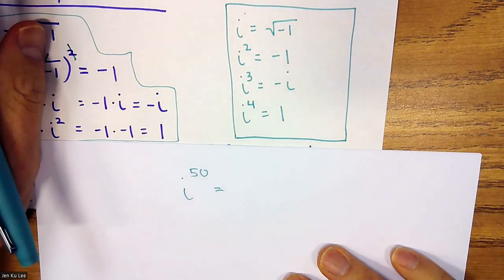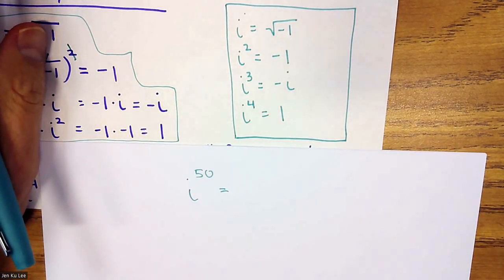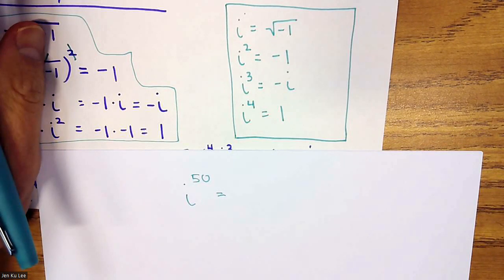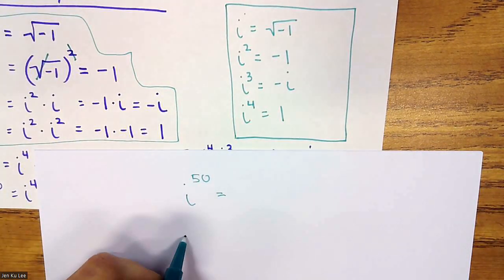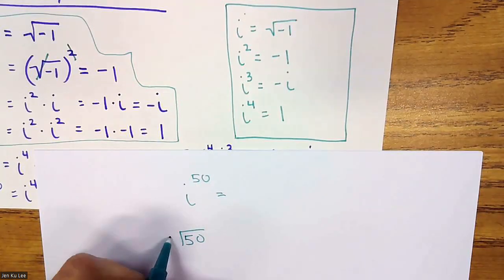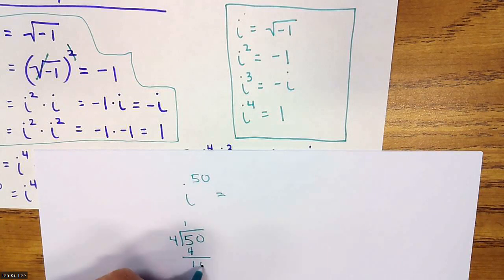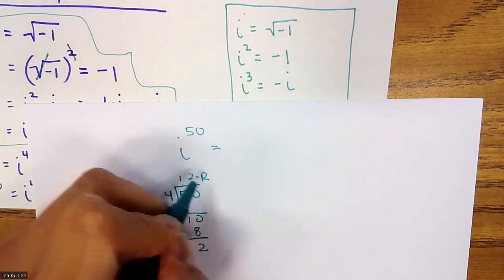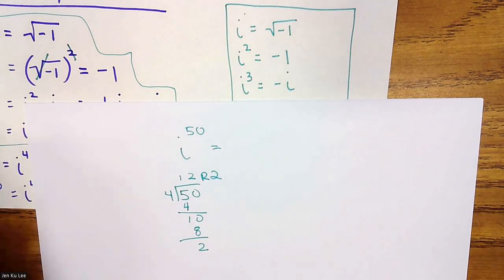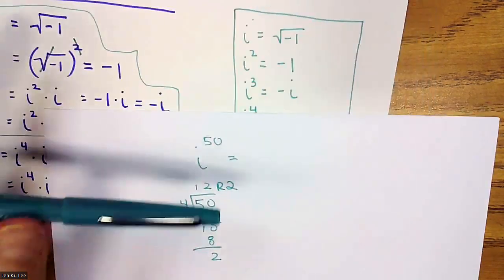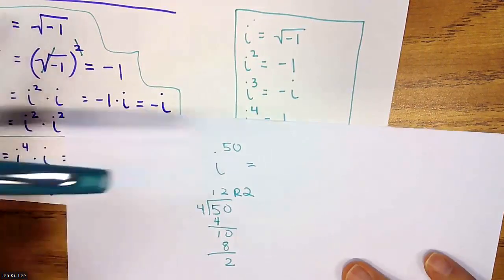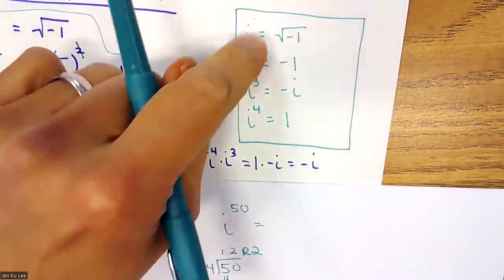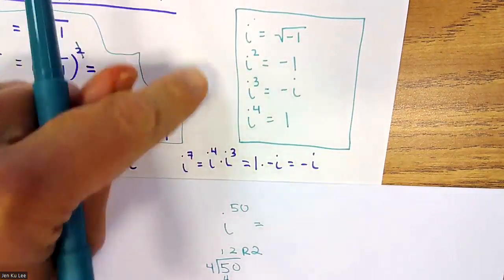What is that? Divide 50 by 4. You get 12, remainder 2. What 12 remainder 2 means in this case is it went around this cycle 12 times.